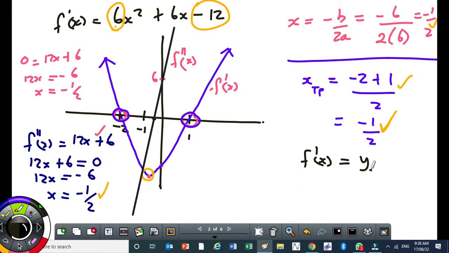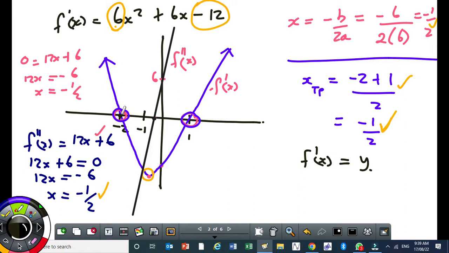You following that? So to the left of this x-intercept here, this graph has y values that are positive. That means for the cubic function, the gradient is positive.